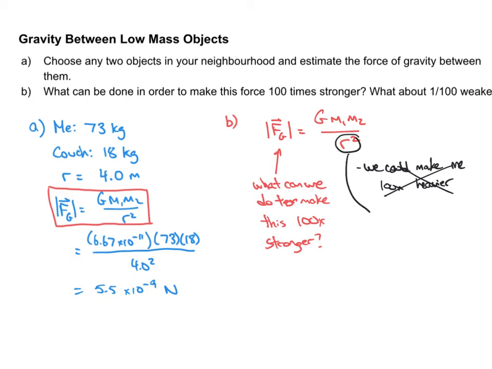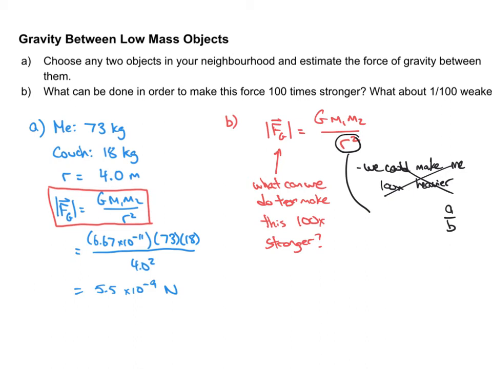So what we have to notice is two things. The r value is in the denominator, and it's also squared. So if you have a fraction, let's say you have a fraction a over b, and you want to make this fraction 100 times higher, you can either just adjust the numerator and make a 100 times higher, or we can make the denominator smaller.